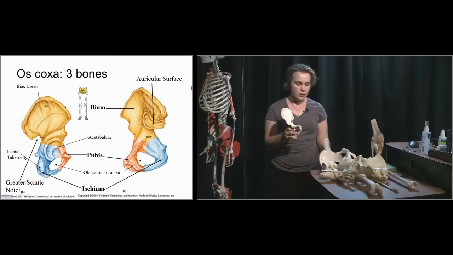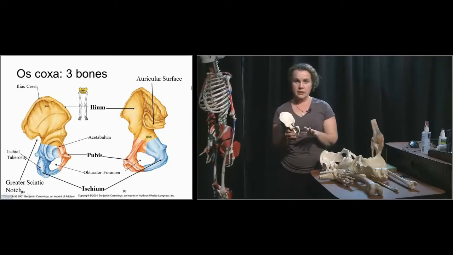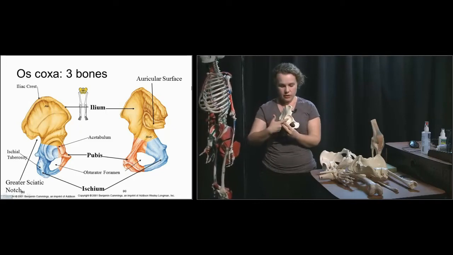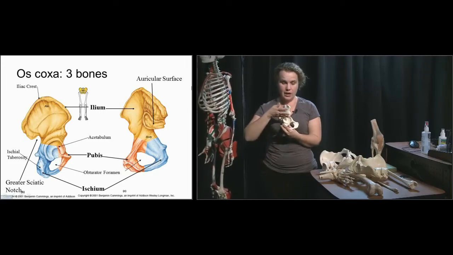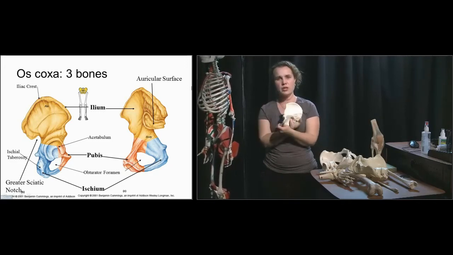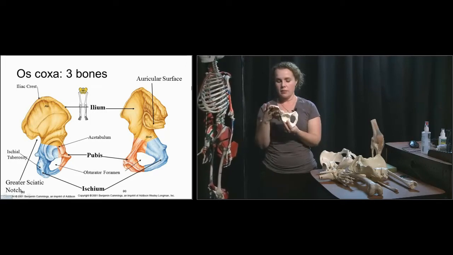Okay? Now, when this develops in the baby, it is literally three bones, and there's a thick wedge of hyaline cartilage that forms a growth plate that goes through the acetabulum in three spots. And because of the bizarre structure of this bone that defies definition, people decided to name the different parts different things.